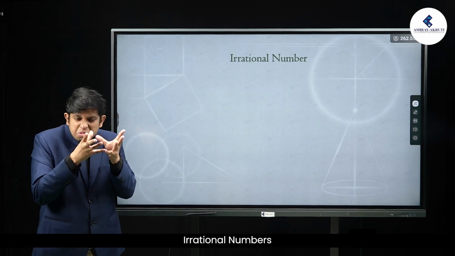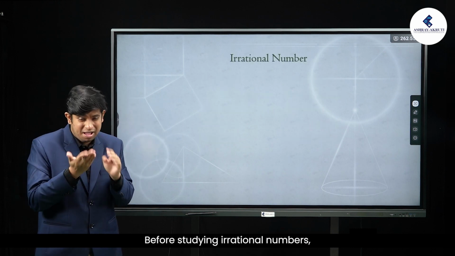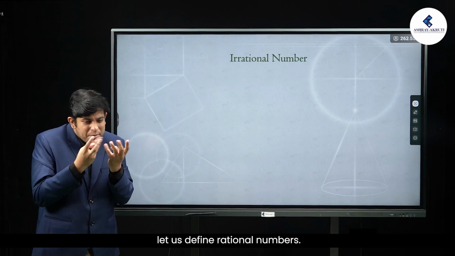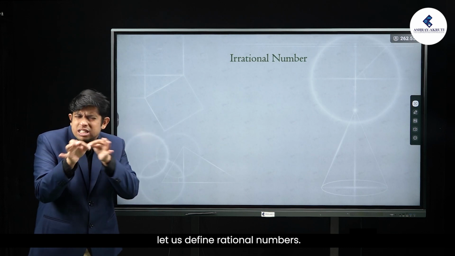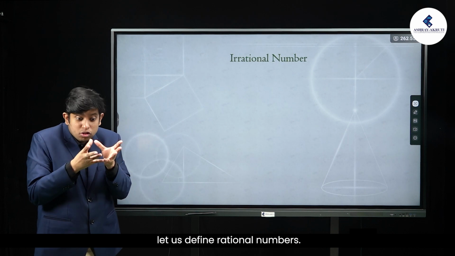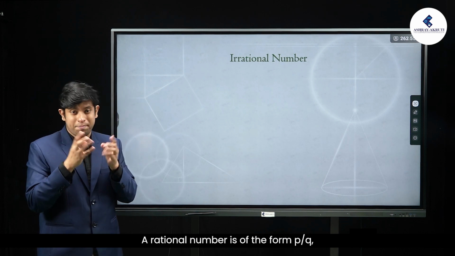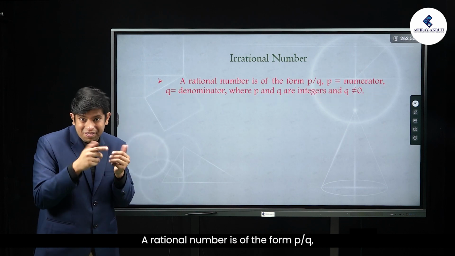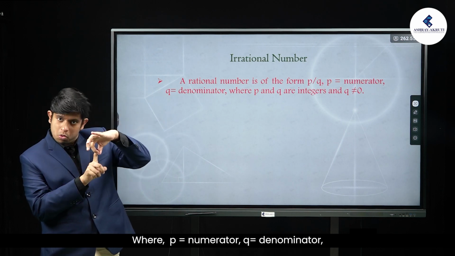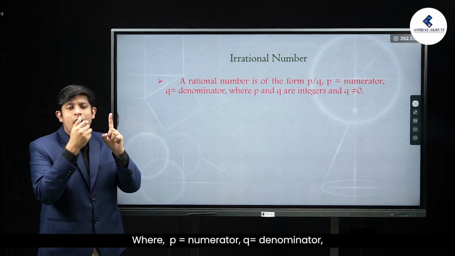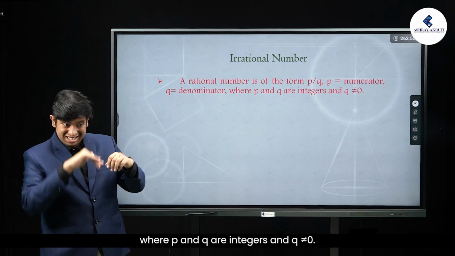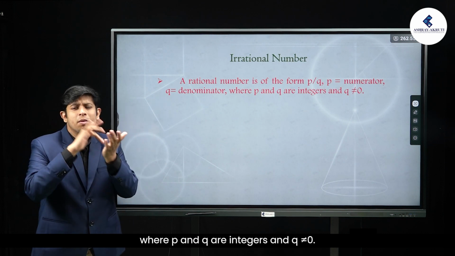Irrational numbers. Before studying irrational numbers, let us define rational numbers. A rational number is of the form p by q, where p is the numerator, q is the denominator, where p and q are integers and q is not equal to 0.